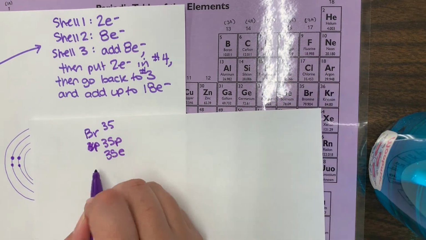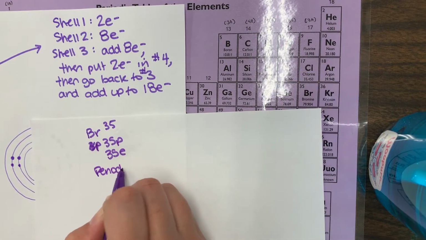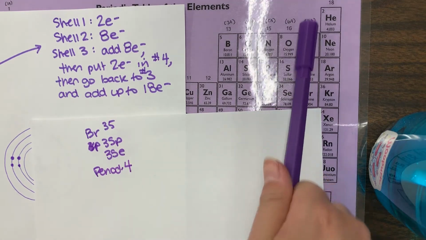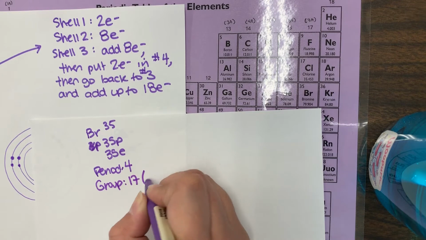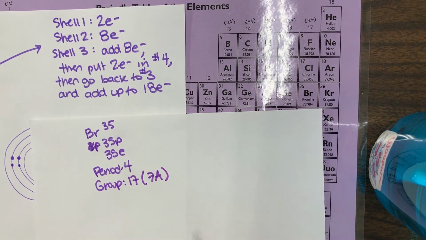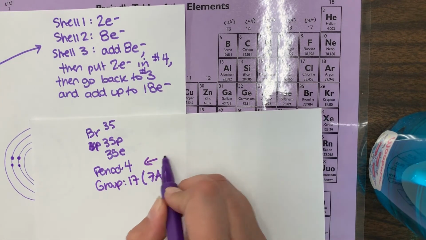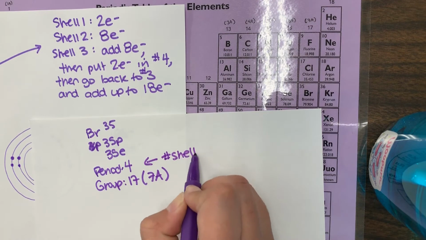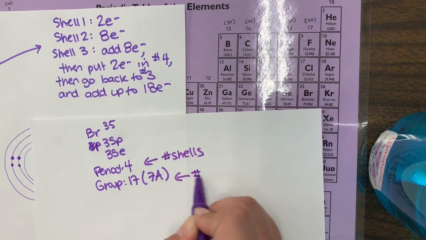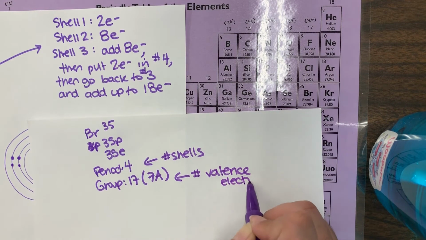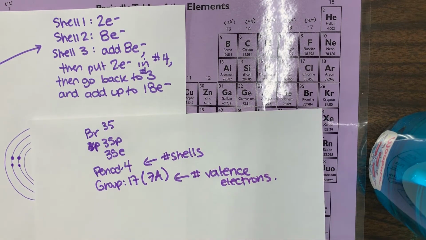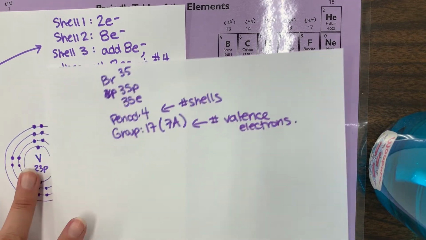It is still in period 4. It is in group 17 or 7A. So what does this tell us? This tells us the number of shells. This tells us the number of valence electrons. So now let's draw.